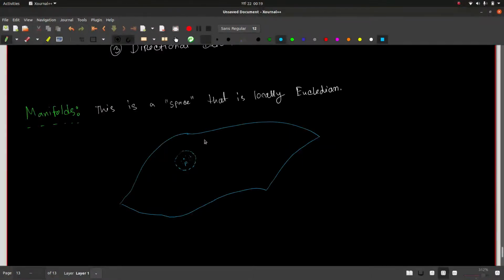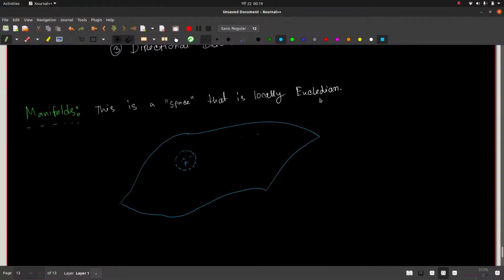That means there are no ups and downs, no curvatures and all that. If this is the case for all the points and their neighborhoods on this rubber sheet, then this rubber sheet can be considered a manifold.